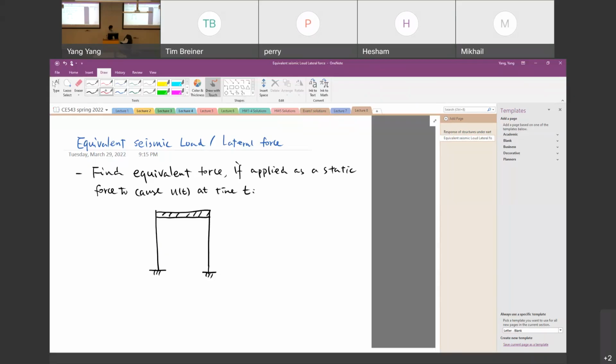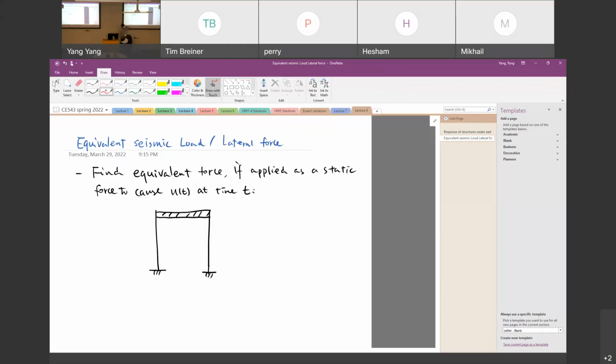So when we do structural analysis, for example, we have a structure here, we want to make sure the structure is safe under earthquakes. So we need to calculate the shear force as well as the bending moment on these two columns.